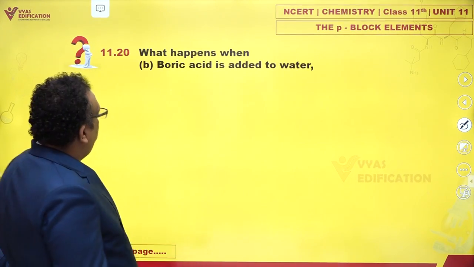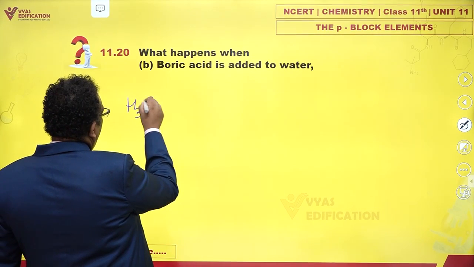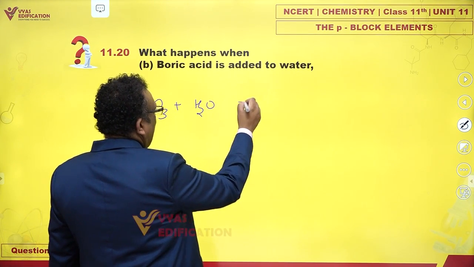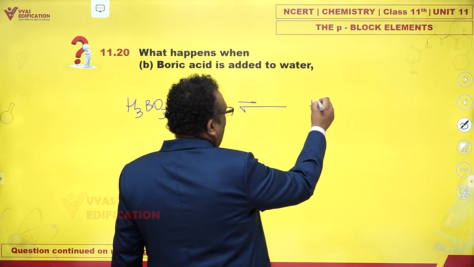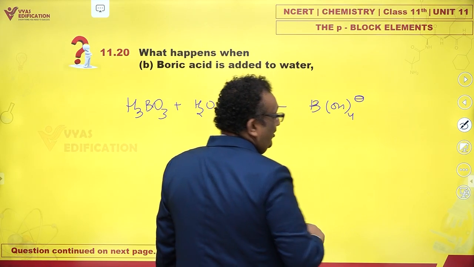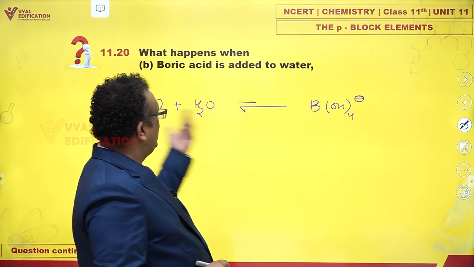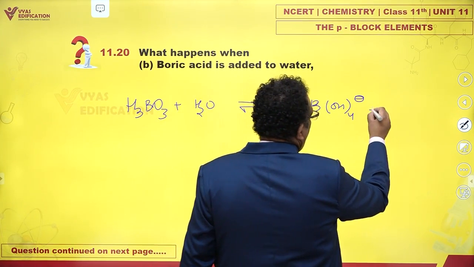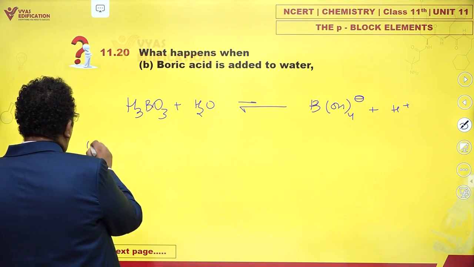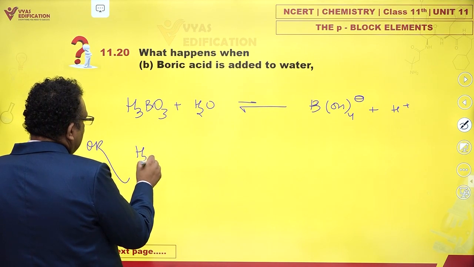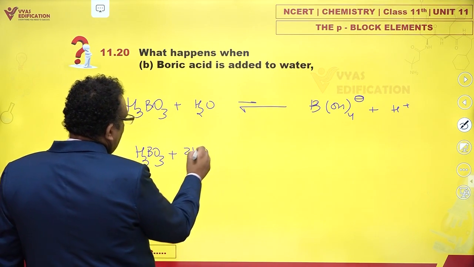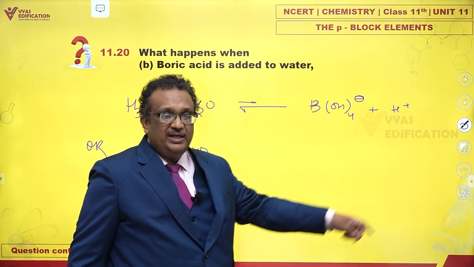When boric acid is added to water, something very funny happens. Boric acid is a peculiar acid. It does not release H+. Rather, it accepts OH- and releases H+. You can write it like this, or the same reaction can be written as H3BO3 plus 2 H2O, adding 1 H2O on both sides.